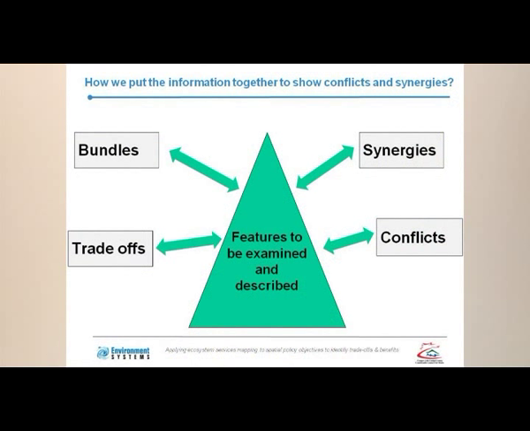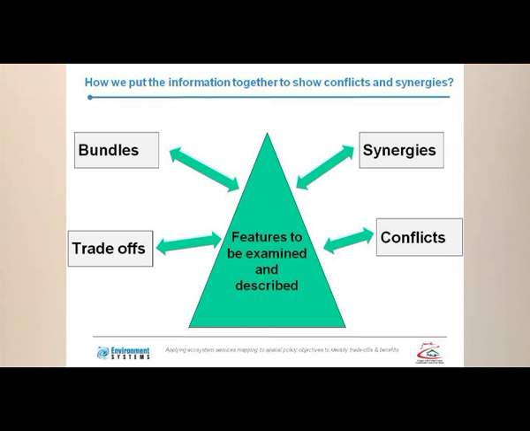Well, we have all the existing information available to us, and we use the subheadings we've just described to create bundles of information. We did that by defining another rule base. Within this rule base, we looked at the features which help each other, those that are synergistic and have an additive effect, and the features which are conflicting. So take the example of environment benefit I've just described.